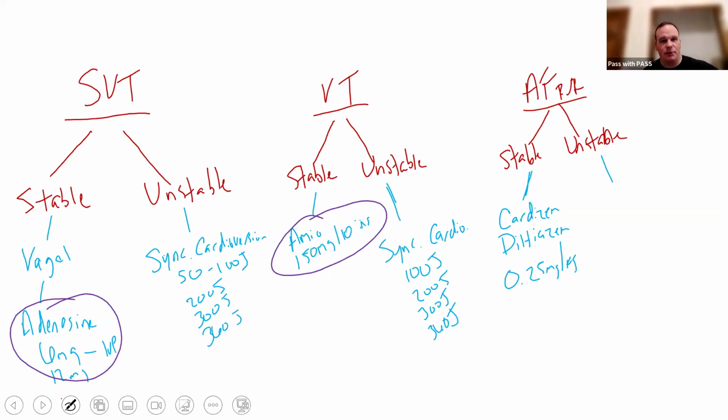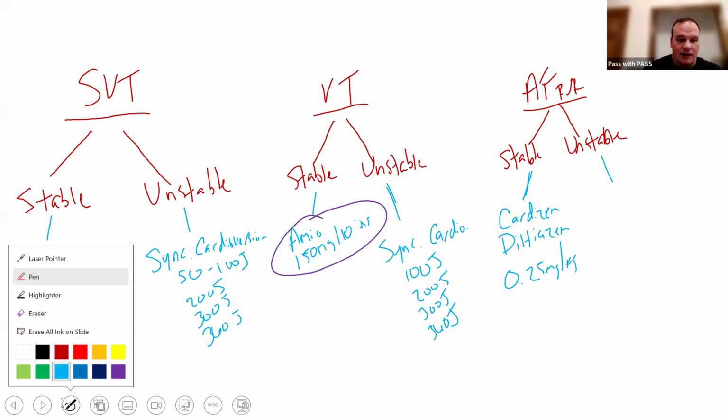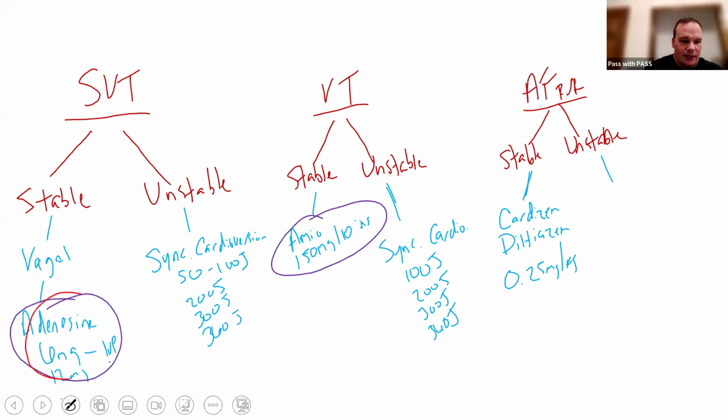A calcium channel blocker, which would be cardizem or diltiazem. I've never seen the cardizem dose be on the registry. I'm not saying it's not possible, but what I am saying is I do think you're much more likely to get the dosing from those other medications than you are to get it for this.